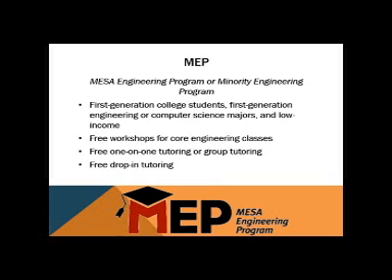Some of the campus resources that you can use are MEP, so it's either the Mesa Engineering Program or Minority Engineering Program, depending on your school. It's typically for first-generation college students, first-generation engineering or computer science majors, and low income. The MEP program offers free workshops for your core engineering classes, which are definitely very helpful. They make sure you understand what you're actually learning in class and give you some more practice problems to do as well.